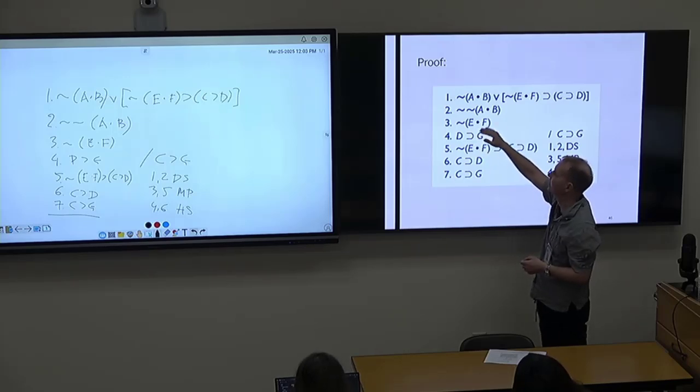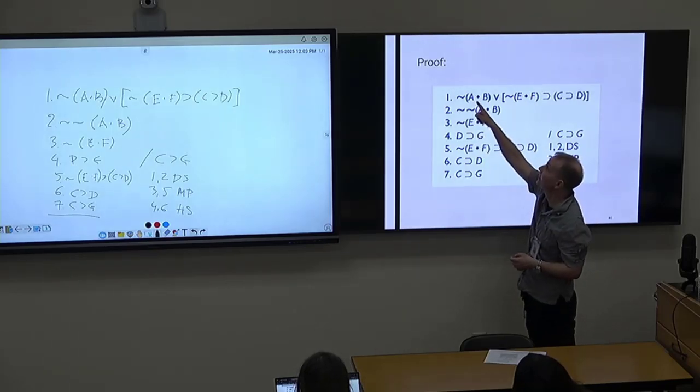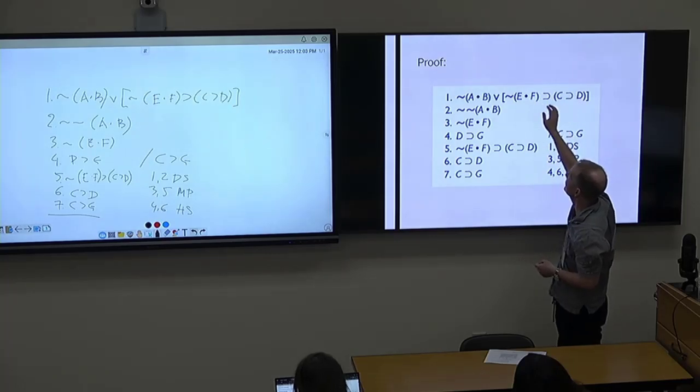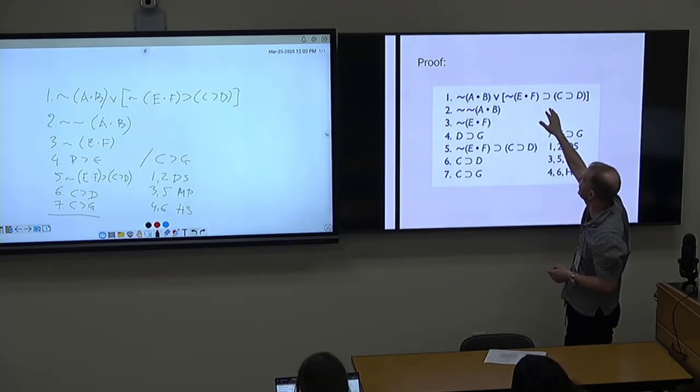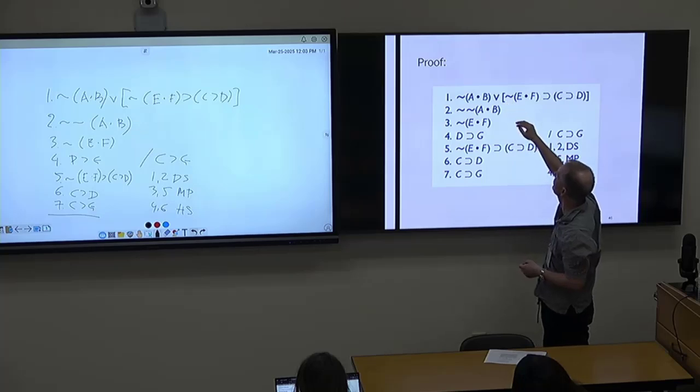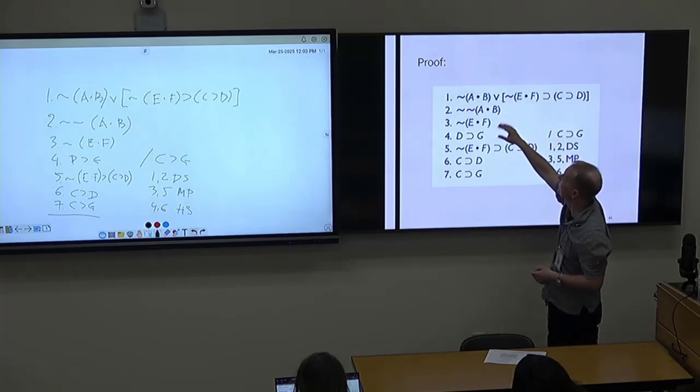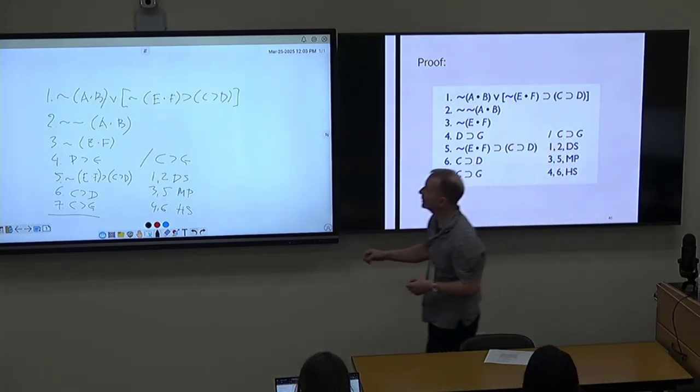It doesn't have to be the second line, right? Then you can get to this. If this is negated, well, it would not be exactly like this, but you would have negation outside the bracket, right? One of the lines could go like this.